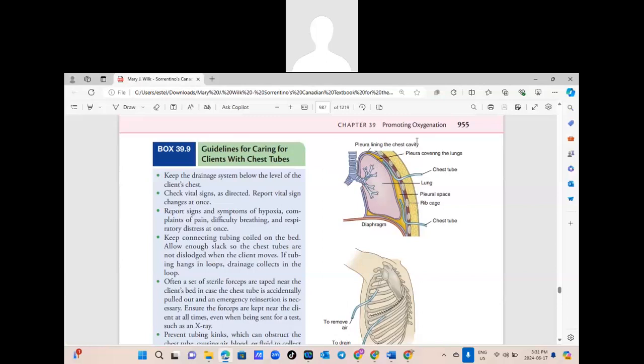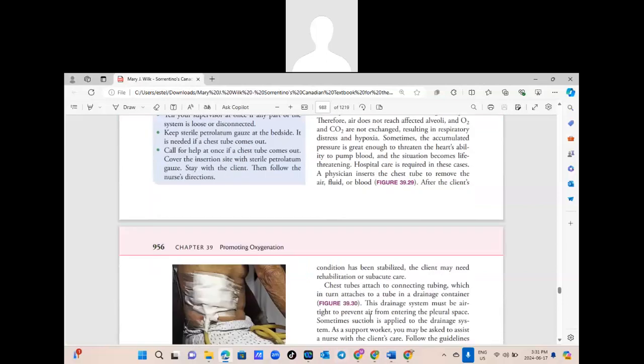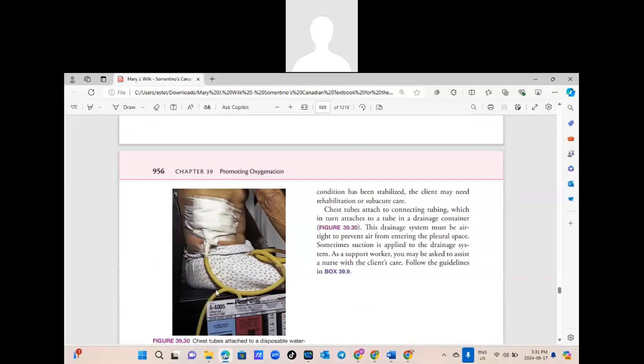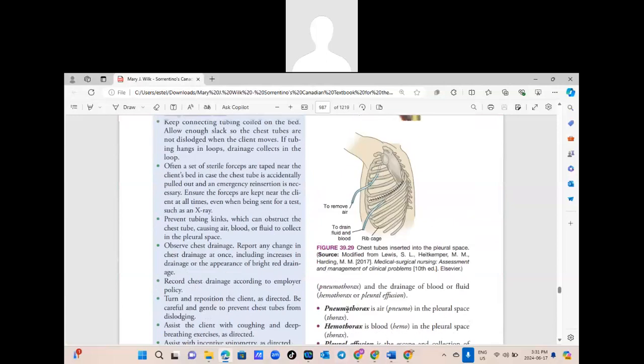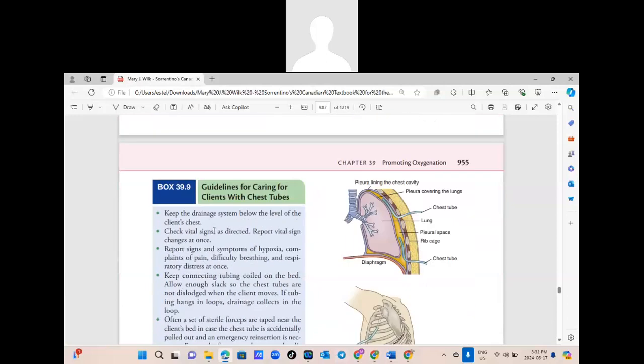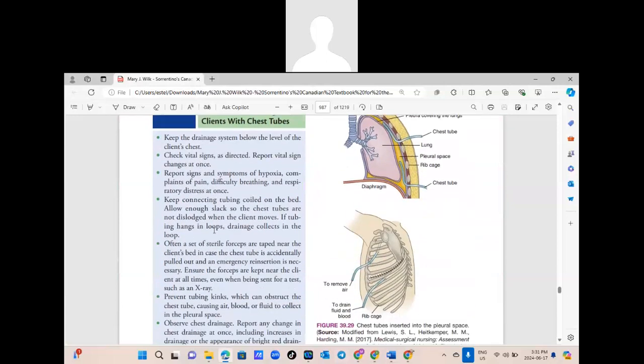Is it caused by fluid accumulation? So this is the chest tube inserted and draining. There's also a machine, which you can't see here, that collects the drainage.